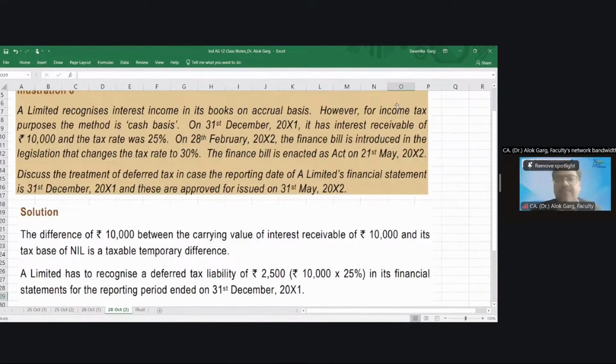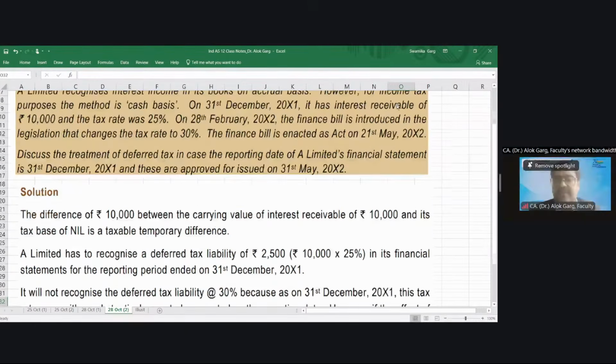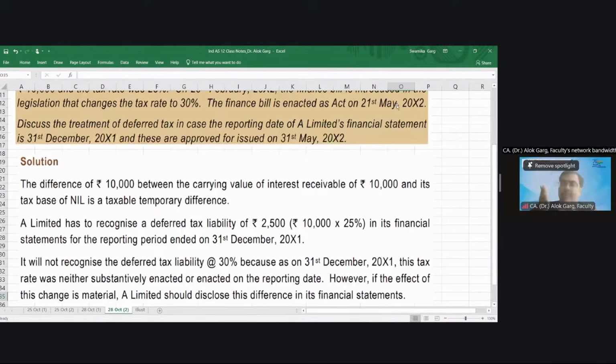25%. So this new rate was announced and enacted post reporting date, right? Not on or before reporting date. You remember the concept of adjusting and non-adjusting event, right?